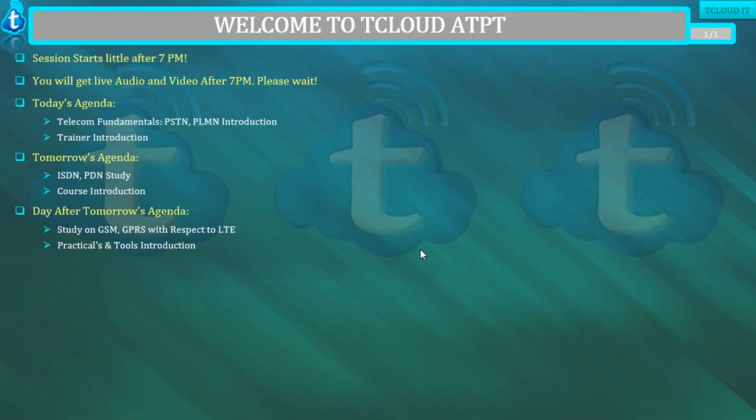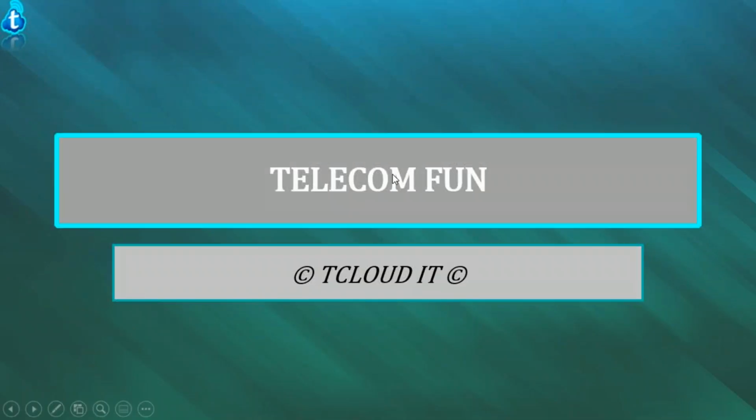That is why we start introducing telecom fundamentals with this particular part, PSTN and PLMN introduction. So we see what it is and how these are going to be introduced.